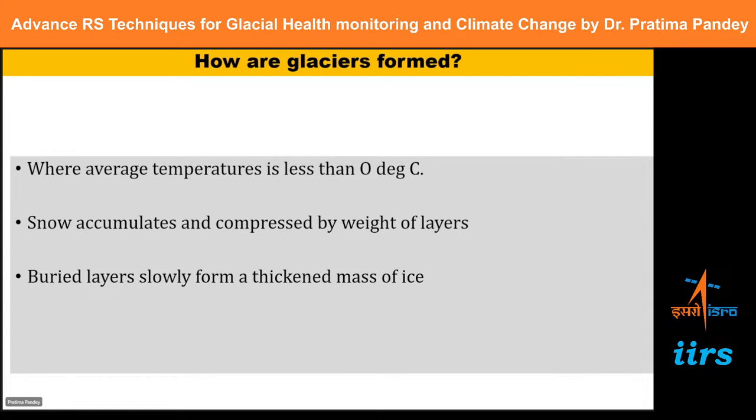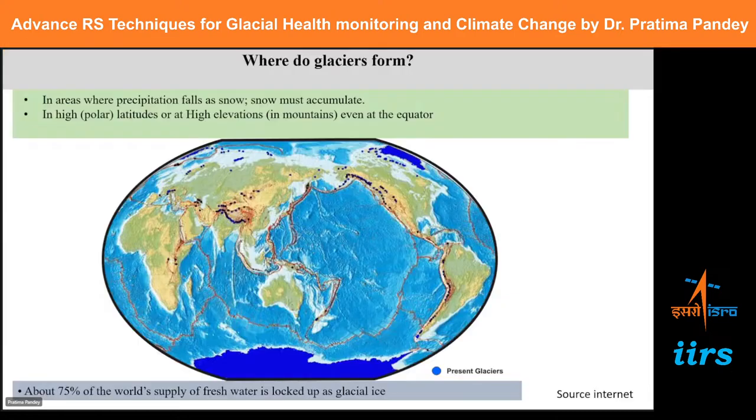So the basic condition for the formation of a glacier is a temperature less than 0 degrees centigrade. This condition is fulfilled either at higher latitude or at higher altitude. From this picture you can see the location of the glaciers in the world. Most of the glaciers are located in the mountains. Here you can see the Himalaya, here you can see the Alps.